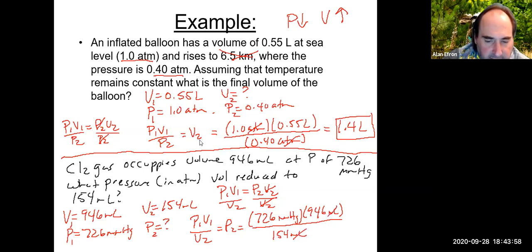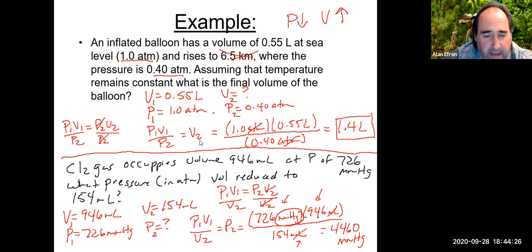That's going to leave us millimeters of mercury left over. And if you do all that, 726 times 946 divided by 154 gives you something like 4460 millimeters of mercury. By the way, all three of these are 3 sig figs.